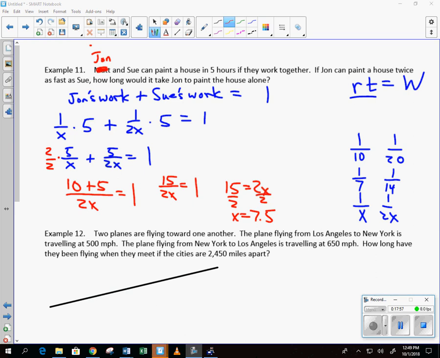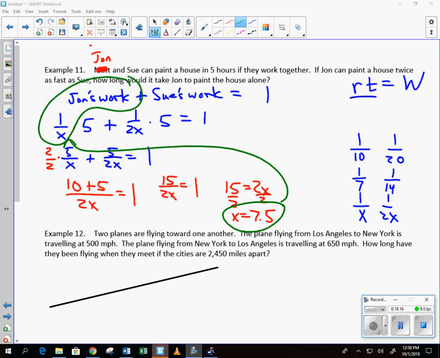Sweet. What does 7.5 mean in context of the problem? Is that John's rate or Sue's rate? Look at the problem. The problem will tell you. Where is x located? It's located right there. And you can see that's part of John's work. John does 1 house every 7.5 hours.